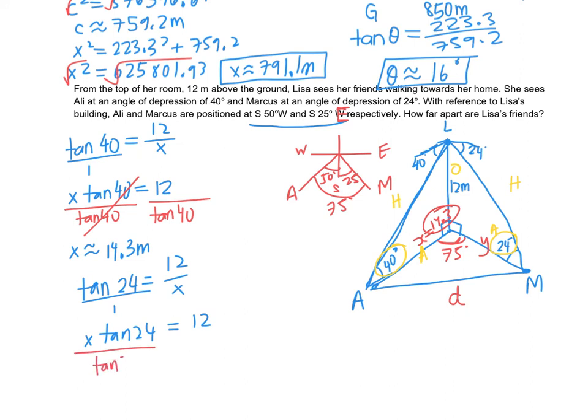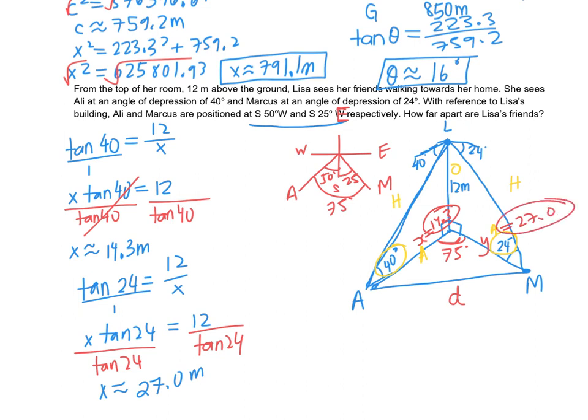Divide out tan 24. You have to divide out the tan as well because 24 is the angle and it's attached to tan. So we plug that into our calculator, 12 divided by tan 24, and you should get approximately 27.0 meters. So I'll just put that in.